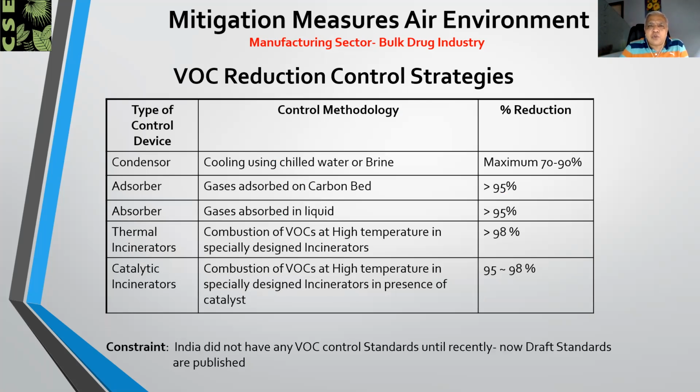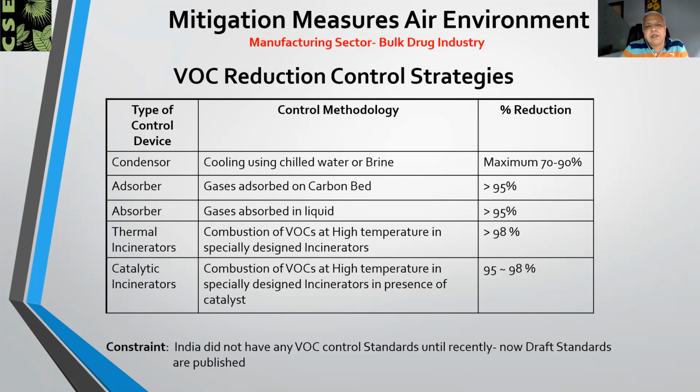Then we can have an absorber. An absorber absorbs the organic compound in some other absorbing medium. Absorption is the process which is used in scrubbers, and both have reduction efficiency of more than 95%.